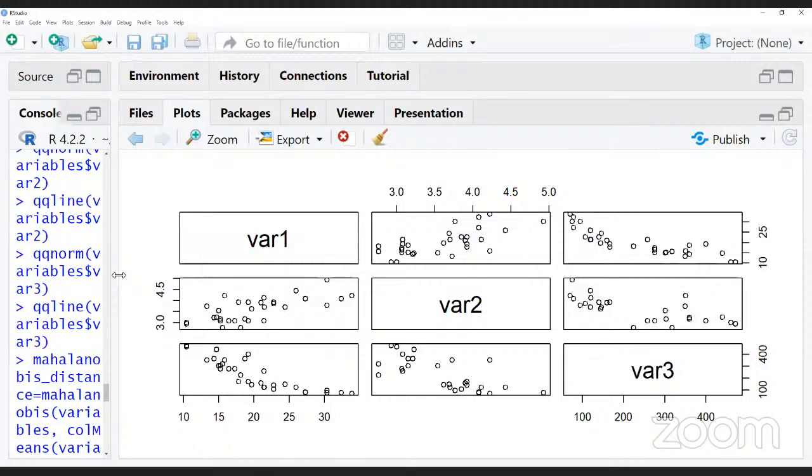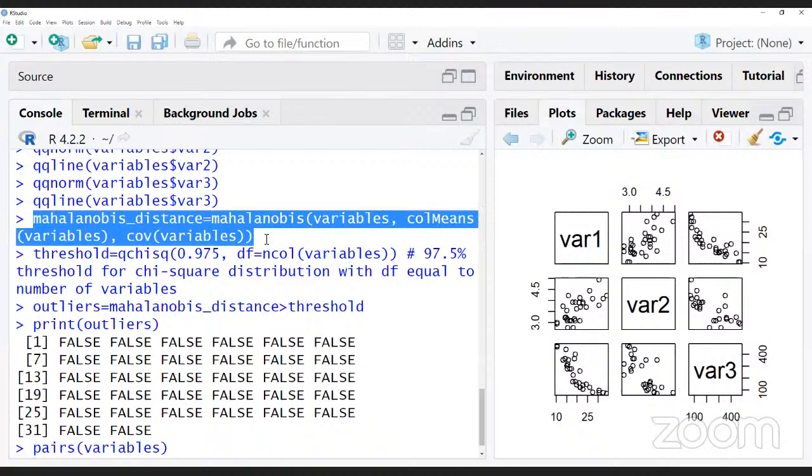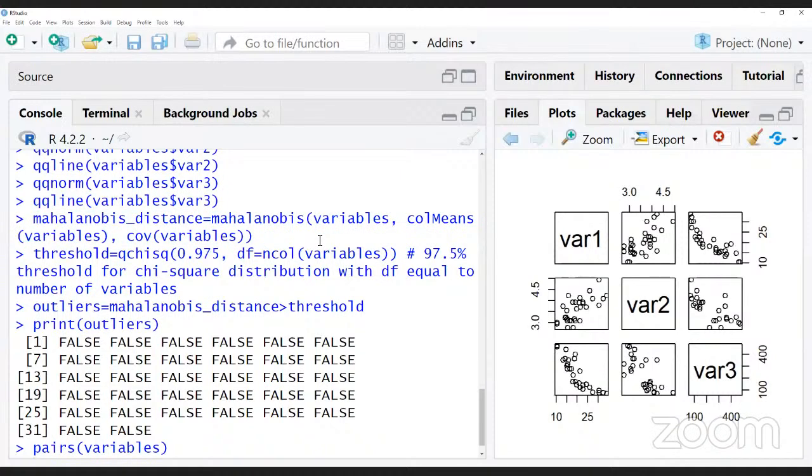Sir, can you repeat this Mahalanobis? Farah, please share. This is the Mahalanobis distance. What does this do, sir? It actually gives you the knowledge about whether your linear combination of the variables has any outlier or not.